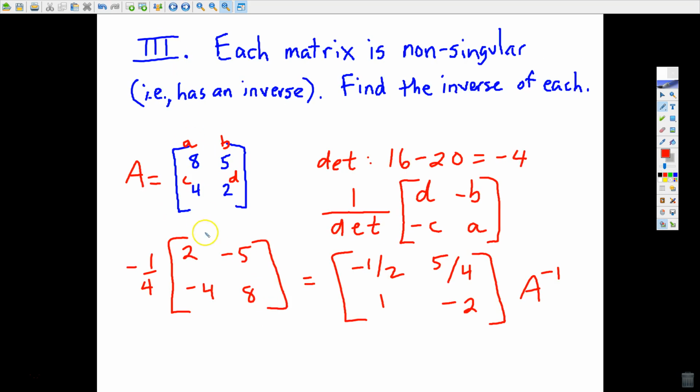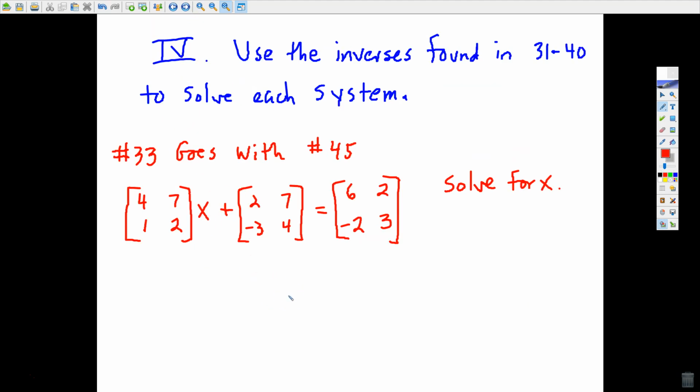Why is it important to be able to find the inverse? Well, because we're building towards being able to solve matrix equations. And really, this is pretty much just like what we were doing in the past. Let me give you a parallel example using what you've learned even in Algebra 1.